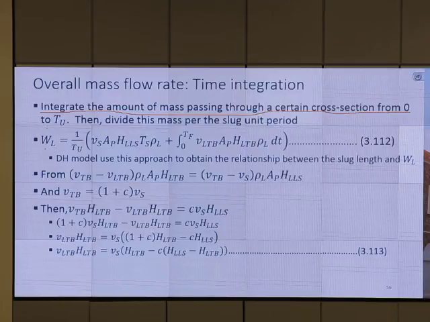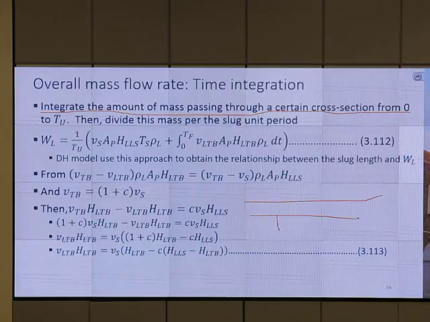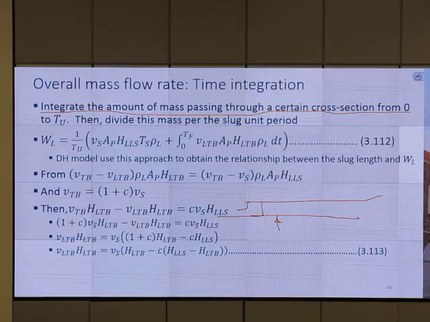So we integrate every mass that moves through a certain cross-section area, right? This is my pipe. If I wait here, I have the slug body come, and then we have the liquid film come. When the slug body passes this dashed line, the mass that passes will be density multiplied by volume.